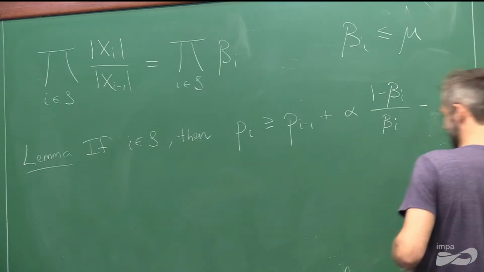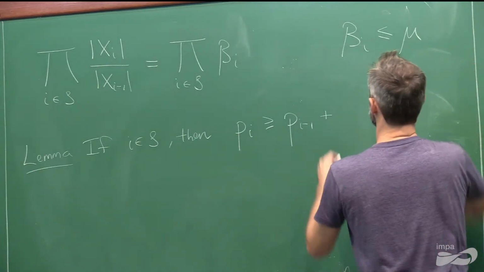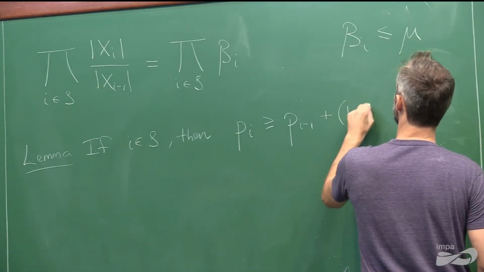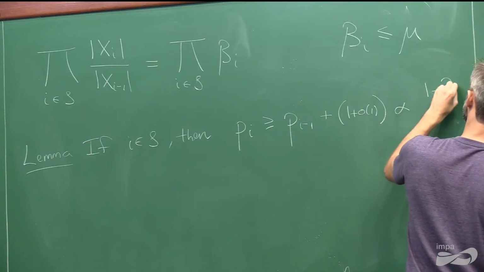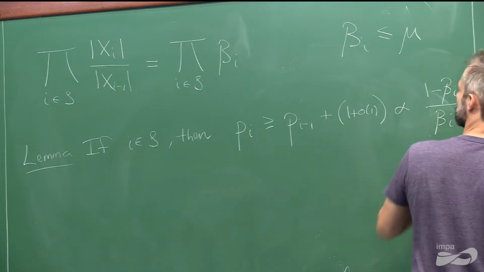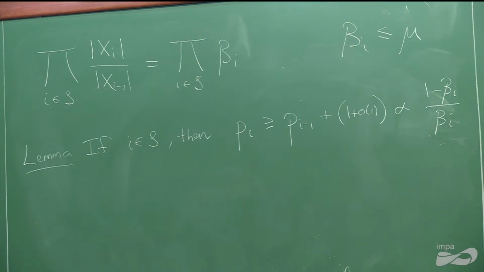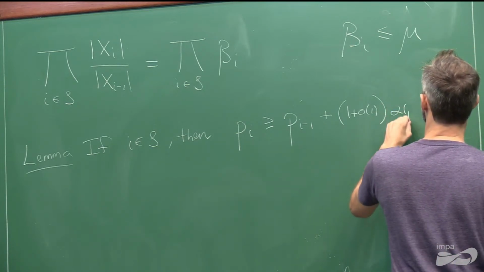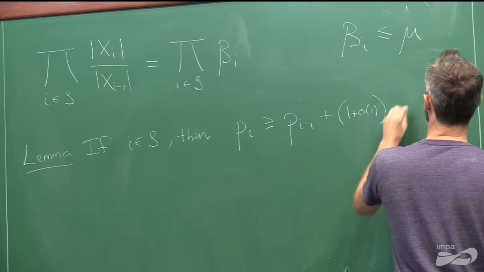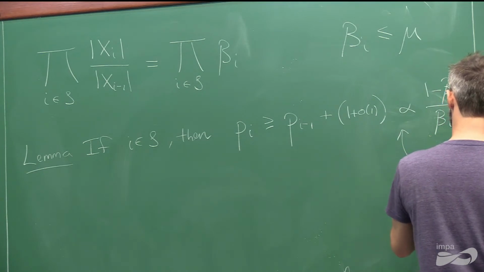So actually all I really need is 1 plus its lower one, so I'll write that: 1 plus its lower one, alpha (1 minus beta_i) over beta_i, where this is alpha of p_{i-1}. Let's write alpha here.